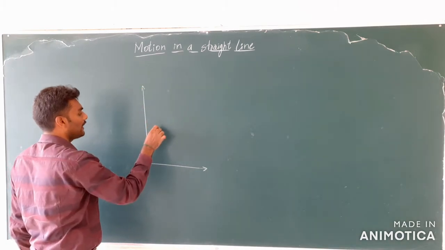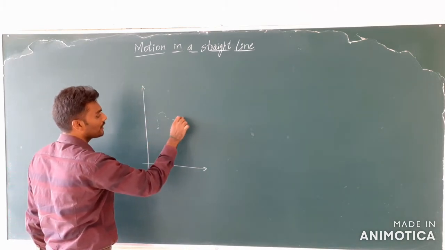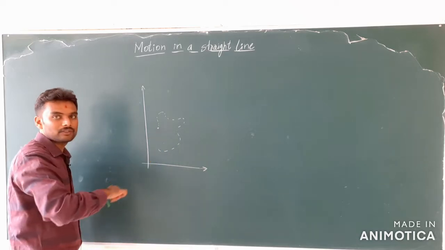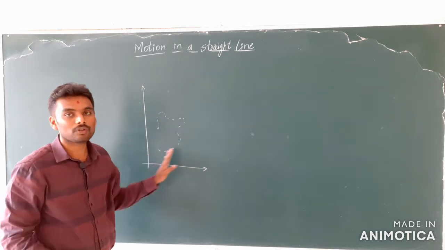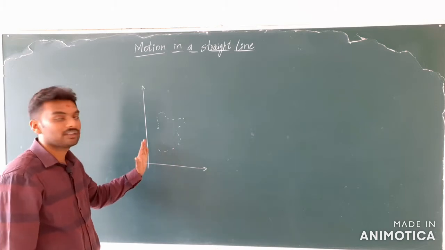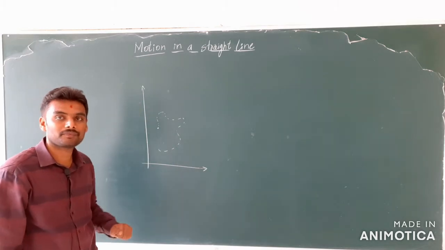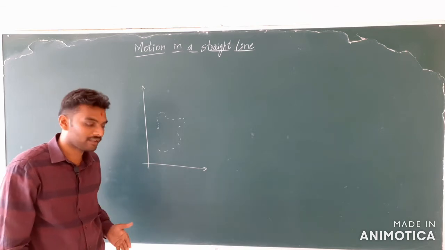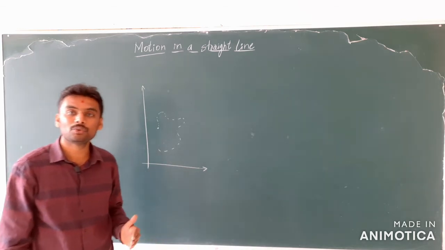If I leave an ant here, it can go like this, come back like this. So the ant can move on the board along the x-axis and together also along the y-axis. So this kind of motion is called two-dimensional motion.